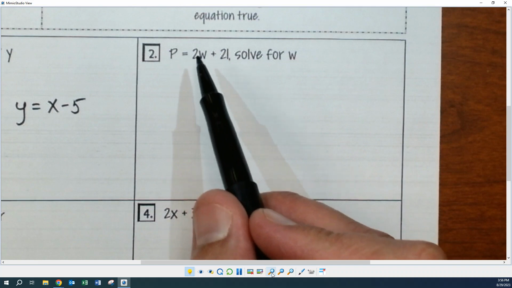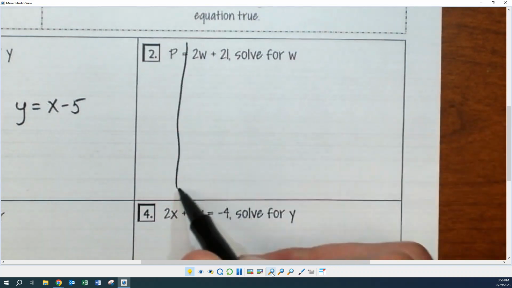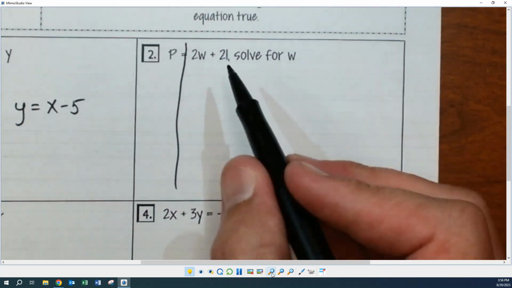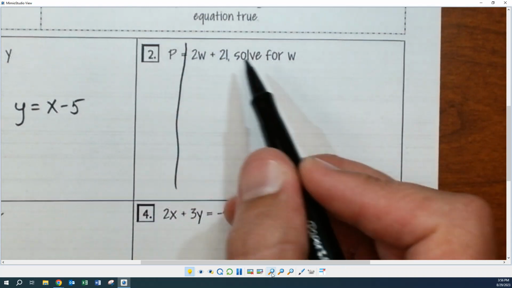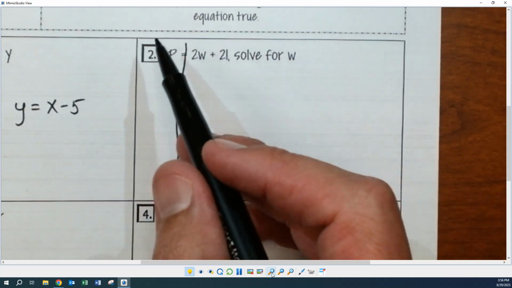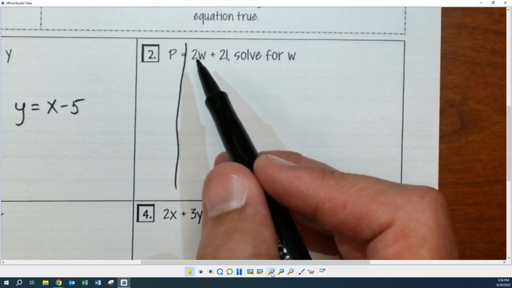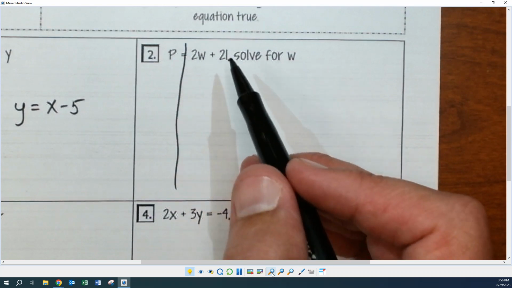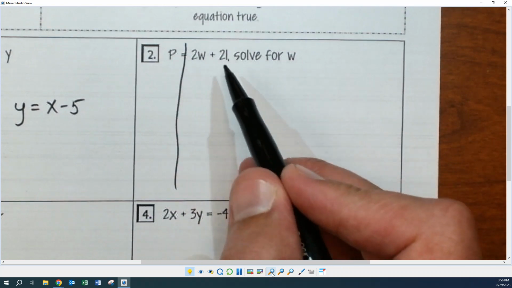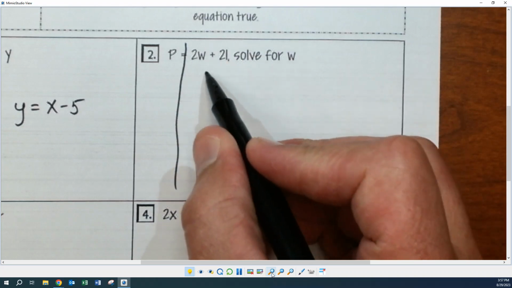The very first thing is, just like every two-step problem, I'm going to use inverse operations. There's no parentheses, so there's no distribution. I'm going to use inverse operations to get W by itself. I first deal with adding and subtracting. I have plus 2L, so I'm going to subtract 2L.